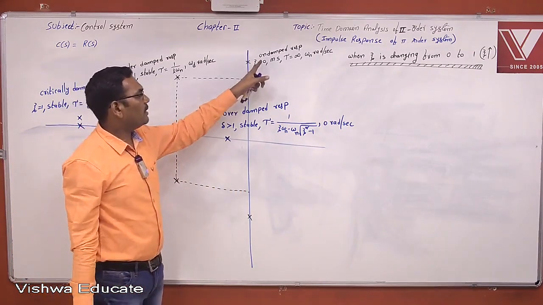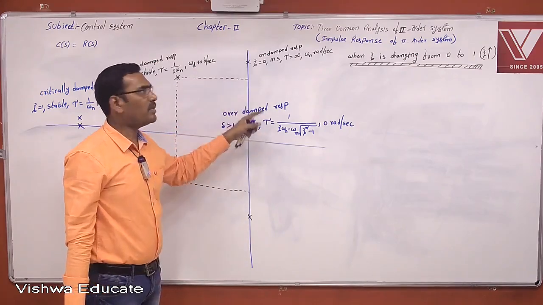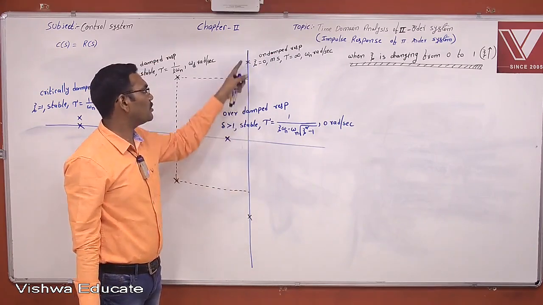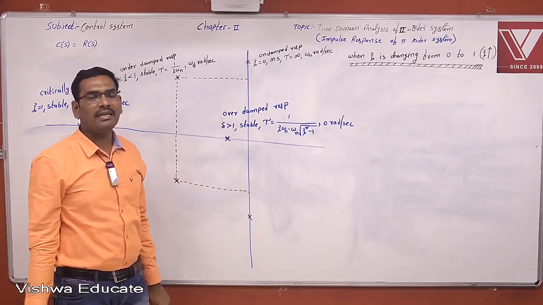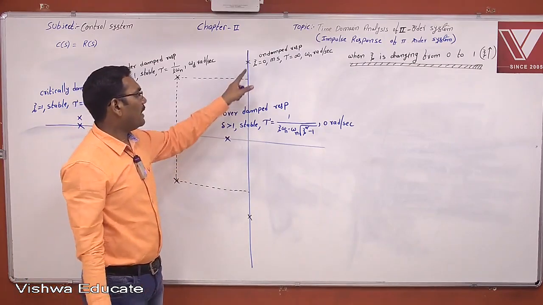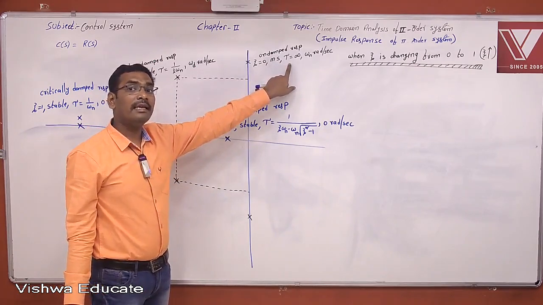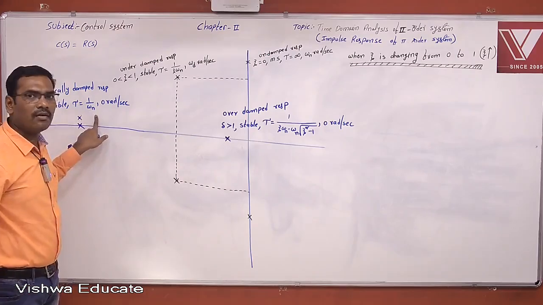When zeta equals 0, the pole is on the imaginary axis and the system is marginally stable. When damping factor zeta equals 0, what is the system time constant? Infinity. But when damping factor zeta equals 1, what is the system time constant?